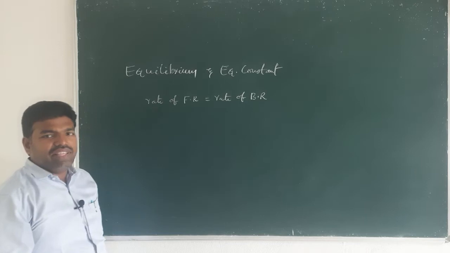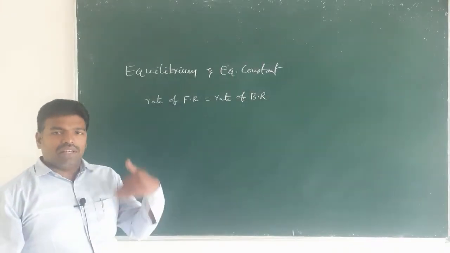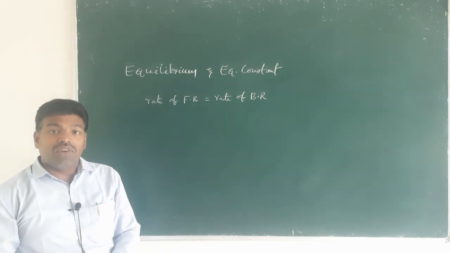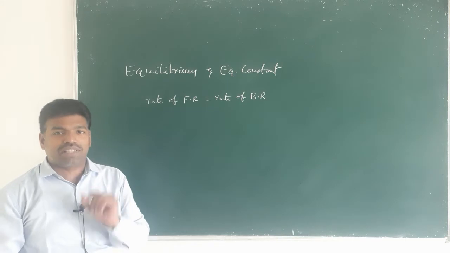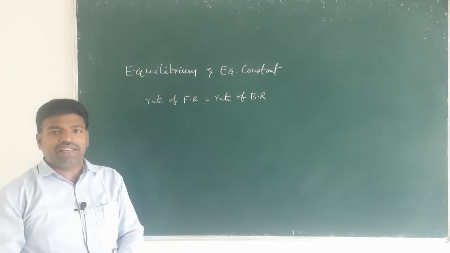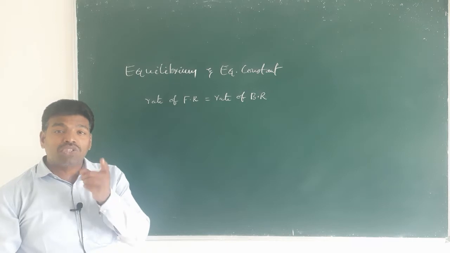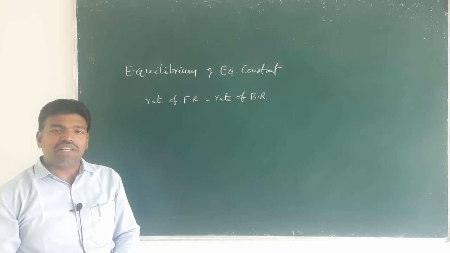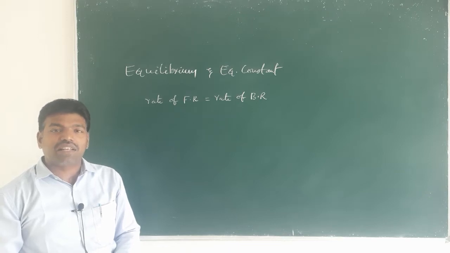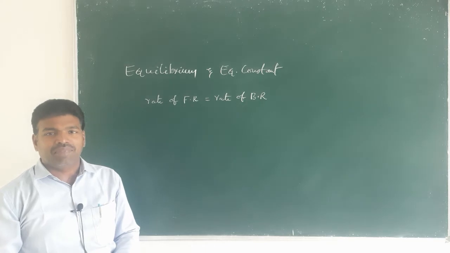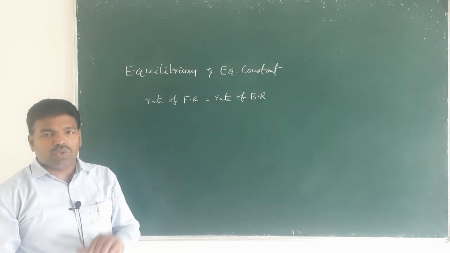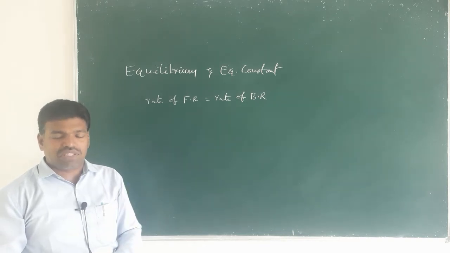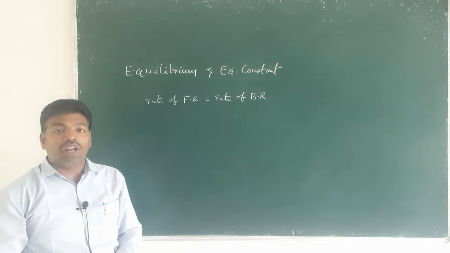We can define equilibrium with another definition: equilibrium is the state where the concentration of reactants and products does not undergo change with time. These two statements we can represent with a diagram or a plot.